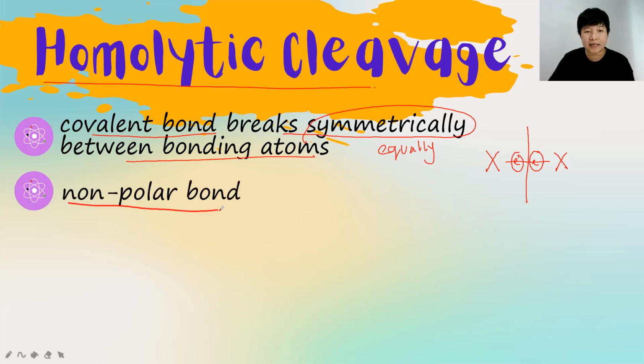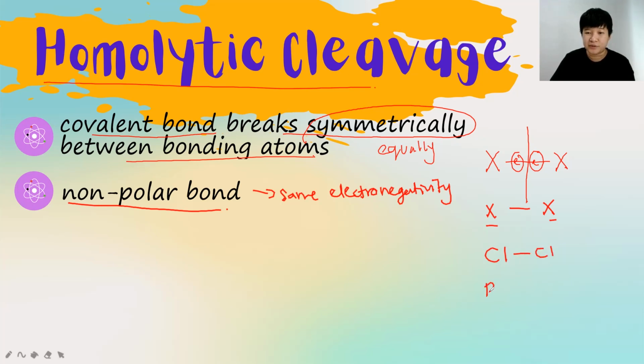This bond breaking can only happen at a non-polar bond. That's why when I use an example, I use X and X. Non-polar bond means same electronegativity. The electronegativity between the bonding atoms must be the same. So you can see over here, you have your X and X, they have the same electronegativity. Another example, you can have Cl, Cl.